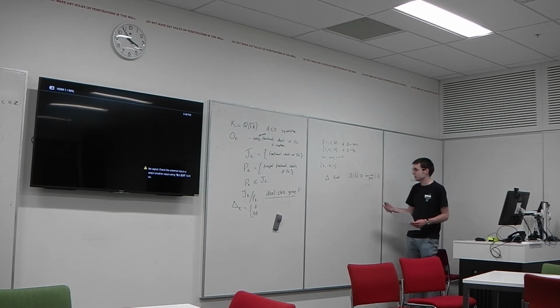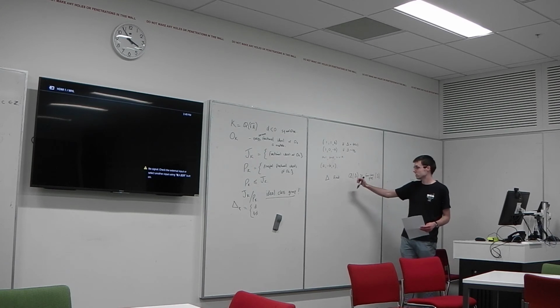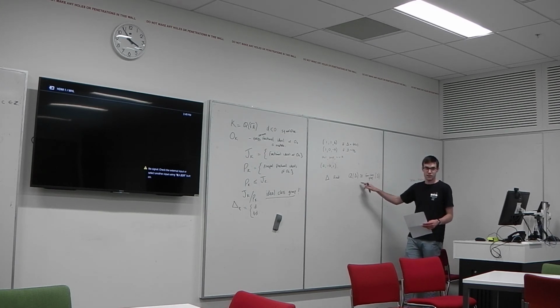And this is a lot easier to compute with. If we want to do operations in the class group, it's actually way more efficient to do them here and just map back and forth.